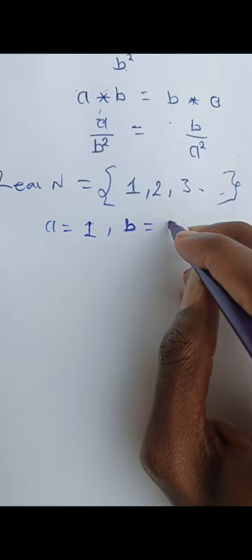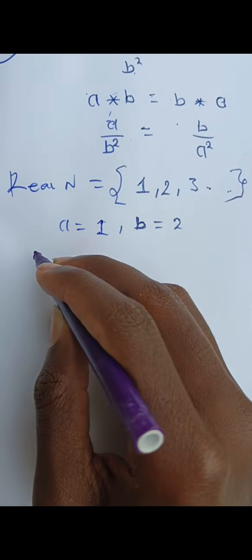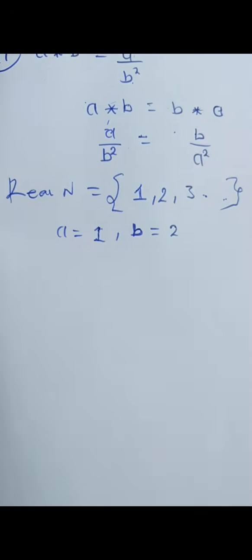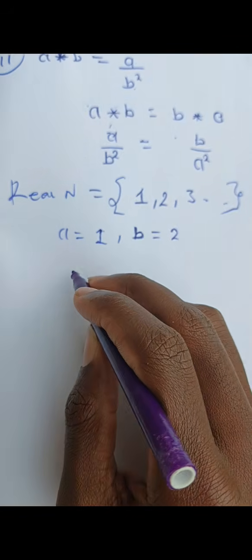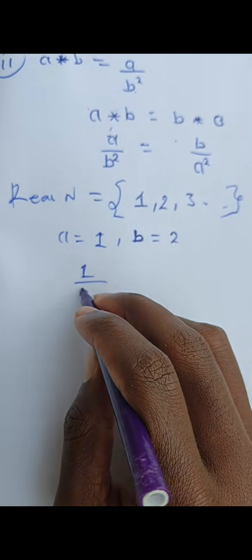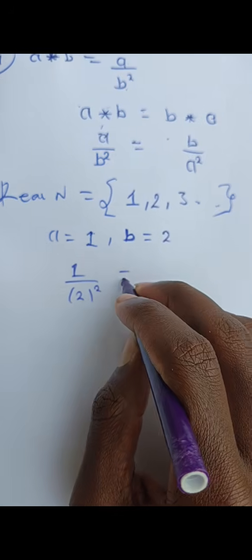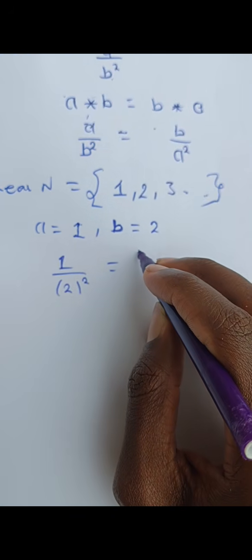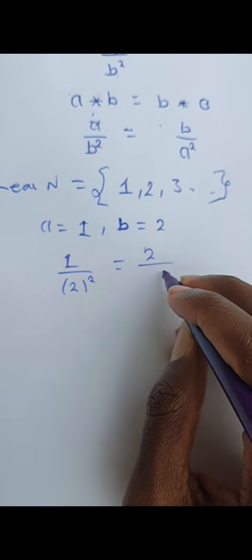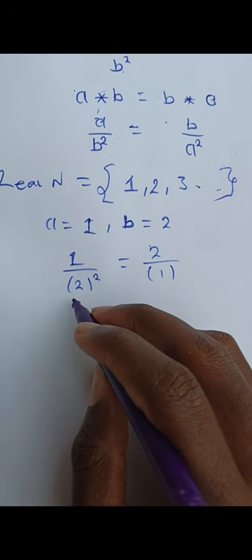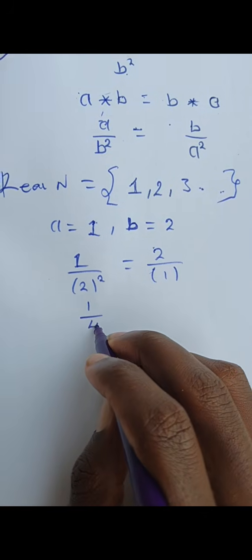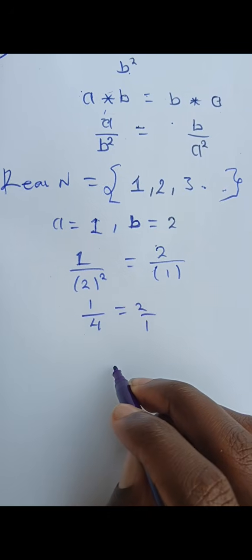My B is going to be equal to 2. So I'll substitute now in these expressions. Let's start with the left side. Where there's A, I'll put 1. Where there's B, I'll put 2, power 2, right? Then on this other side, where there's B, we are putting 2, and where there's A, we are putting 1. So we have 1 over 4 is equal to 2 over 1.